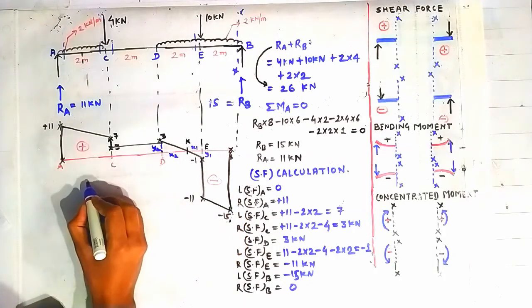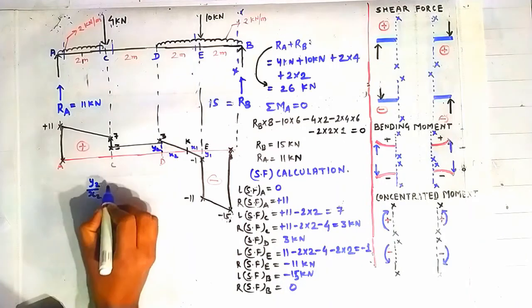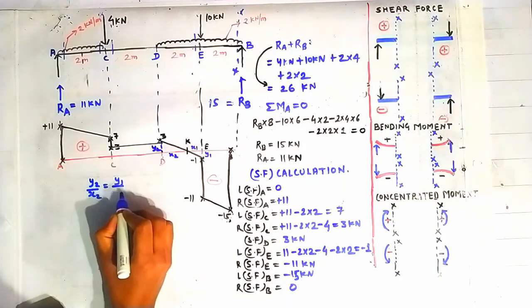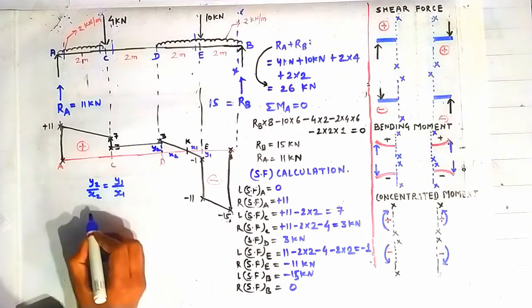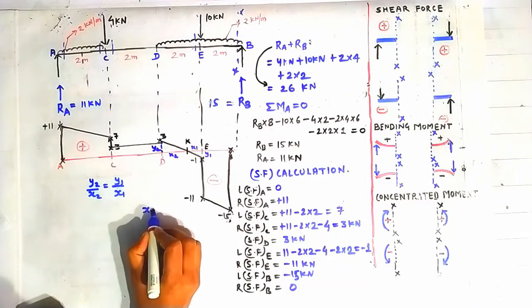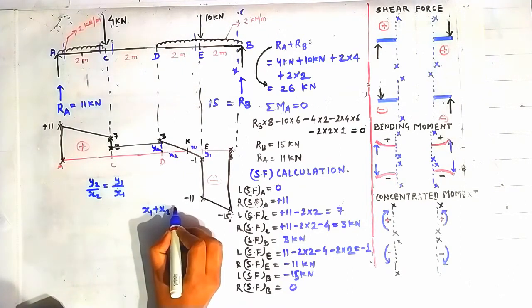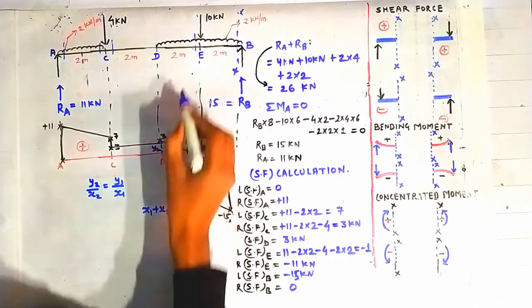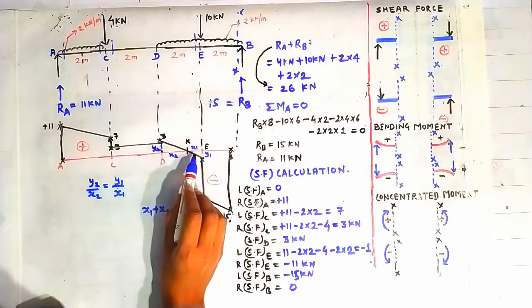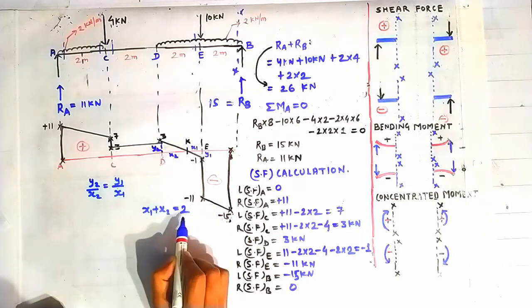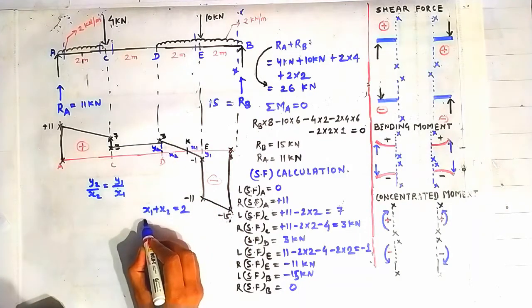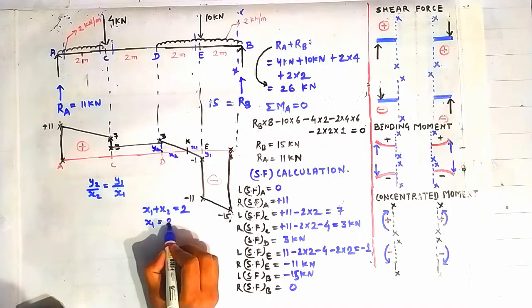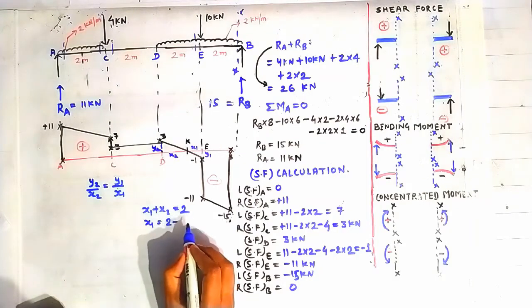So according to the property of similar triangles, y2 by x2 is equal to y1 by x1. We also know that x1 plus x2 is equal to how much? It is equal to 2, because the distance between D and E is 2 meter. So x1 plus x2 is equal to DE, which is equal to 2 meter. So x1 can be obtained here as 2 minus x2.